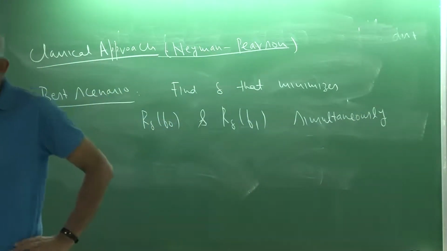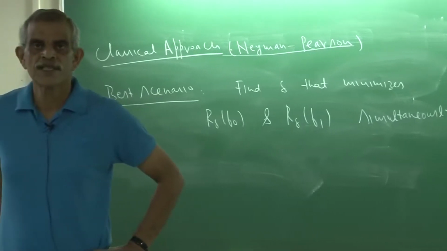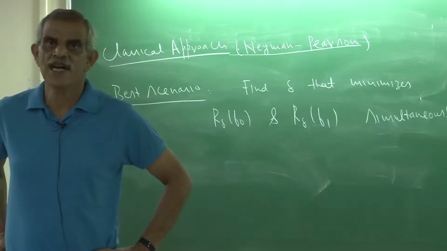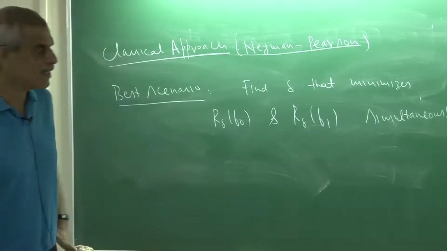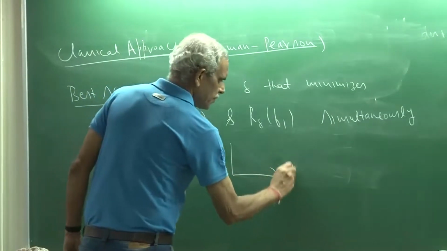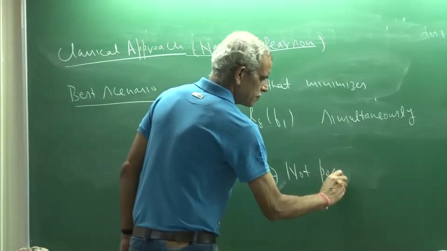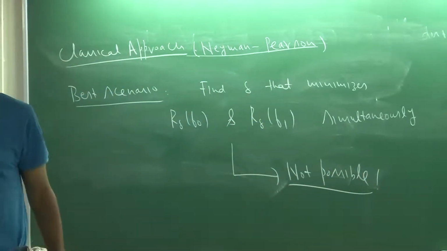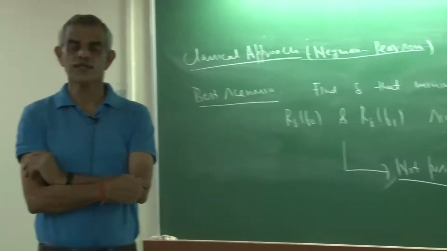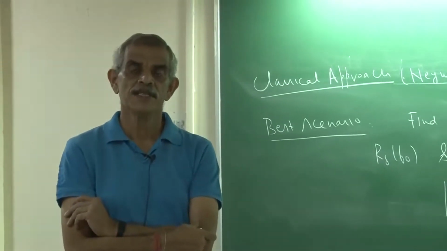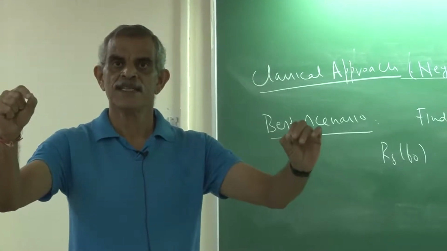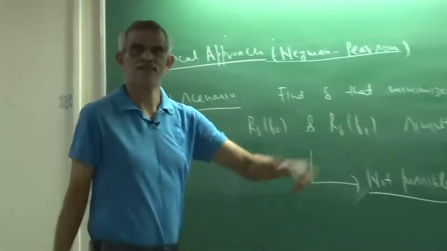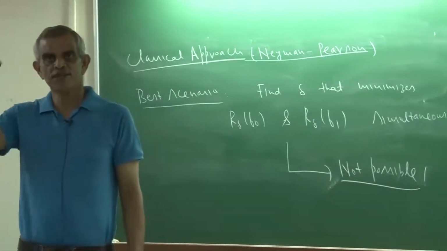But you have seen in your earlier course that it is not possible to find a decision rule which minimizes R delta f0 as well as R delta f1. This is not possible. In the same way, in estimation problems it is not possible to find an estimator that minimizes the risk at every parametric point. Here R delta f0 and R delta f1 are the risks at parametric points f0 and f1.